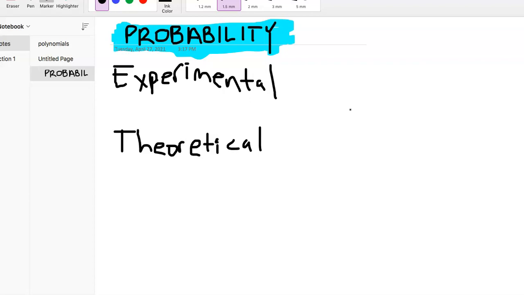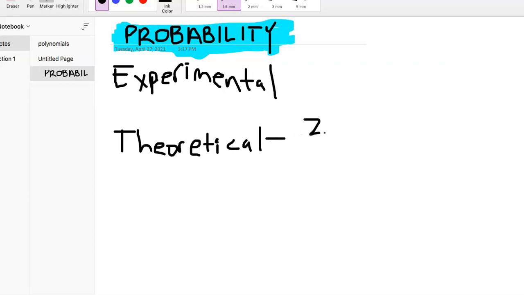Okay, so for example, in our example there, I drew two aces, and there are 52 cards in a deck, and now I know my two aces, right? So I know two of the cards, and you ask what's the likelihood that the next card will be an ace? Because we're doing that, that would be theoretical probability.